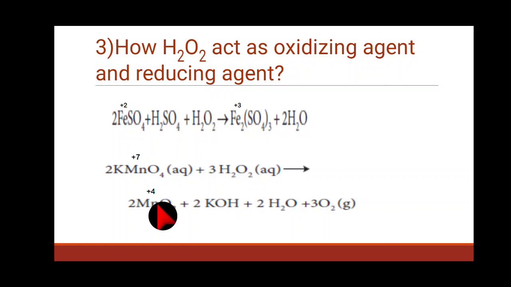Oxidation number decreases. In the first equation, plus 2 to plus 3, the oxidation number increases. In the second equation, plus 7 to plus 4, the oxidation number decreases. It is also done by hydrogen peroxide. So here hydrogen peroxide acts as a reducing agent.